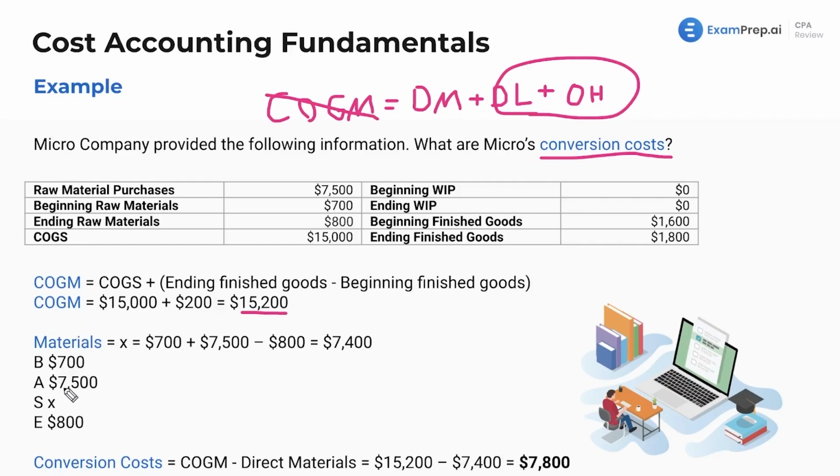That's our base formula. And as such, right? So we do our beginning, addition, subtraction, ending, right? So beginning plus additions, we bring the endings to the other side, minus 800 gives us 7,400. 7,400, 15,200 gives us 7,800 for our conversion costs.